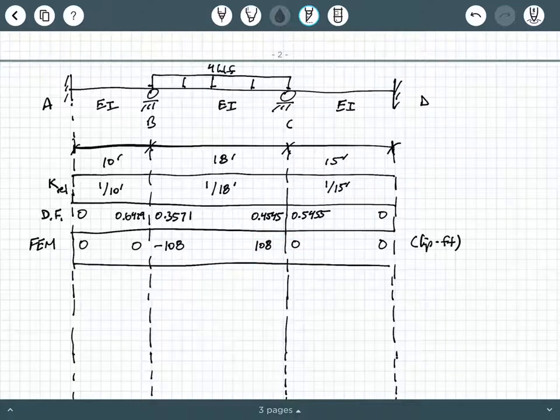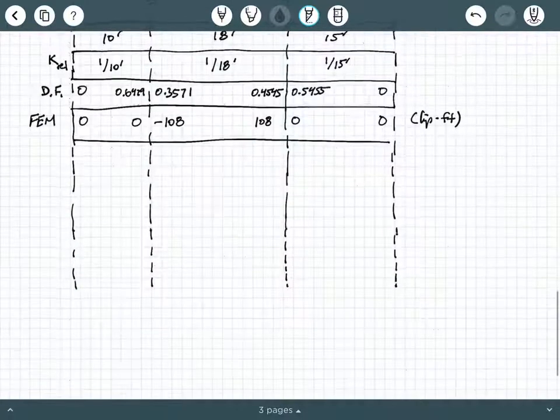We have 0 and 108, and then we have 108 and 0 on the other side. So we have unequal moments, unbalanced moments. So we could start at either joint B or joint C with our calculations.